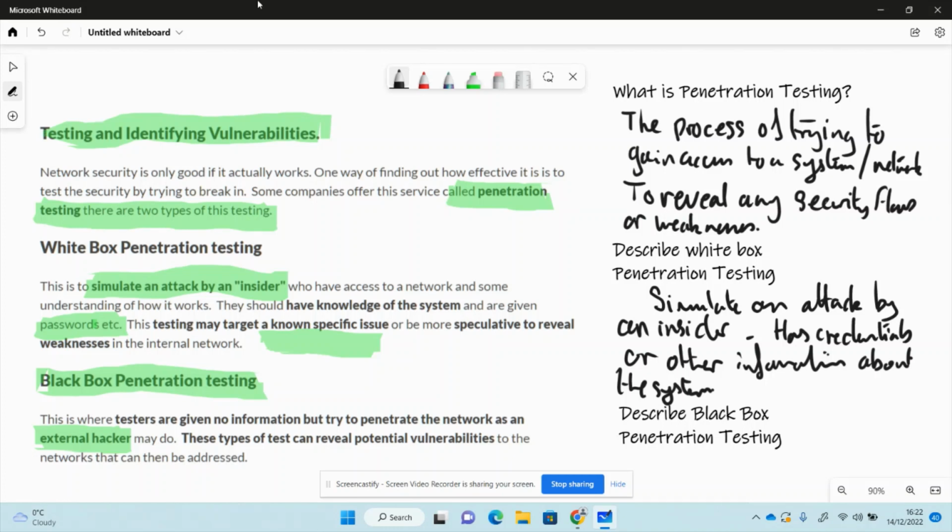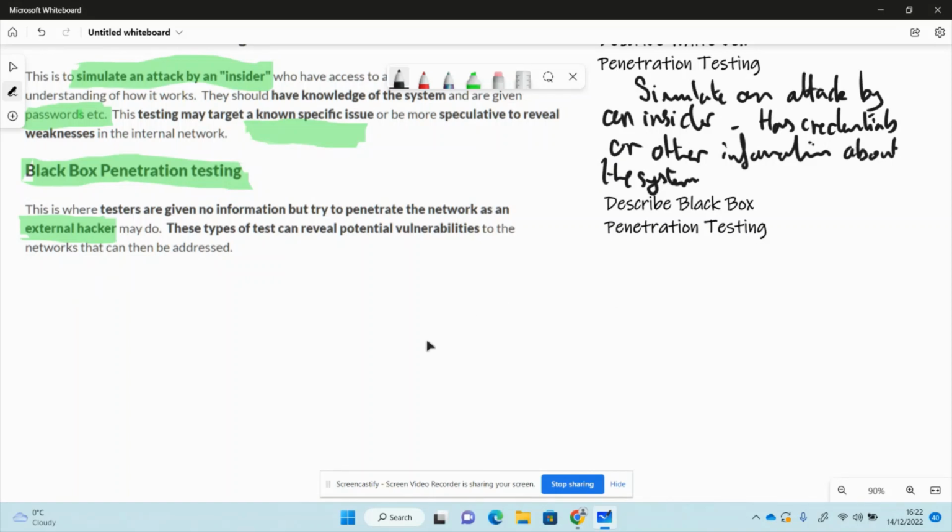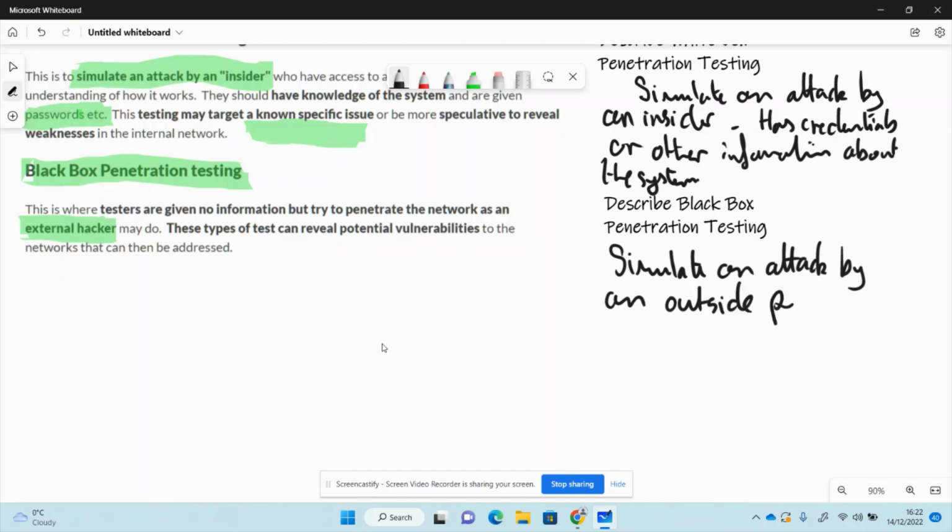And then we might be asked to describe the idea of black box testing. Again, we simulate an attack by an outside person. We could use the word hacker.